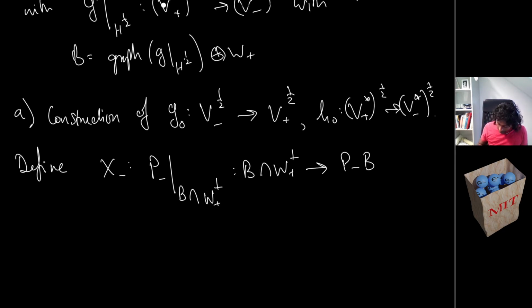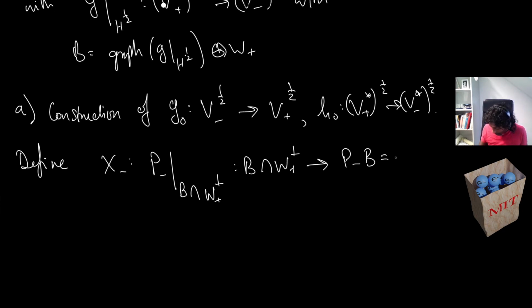And of course, last time we saw that this space is precisely equal to V minus a half, right? That's what we saw last time.